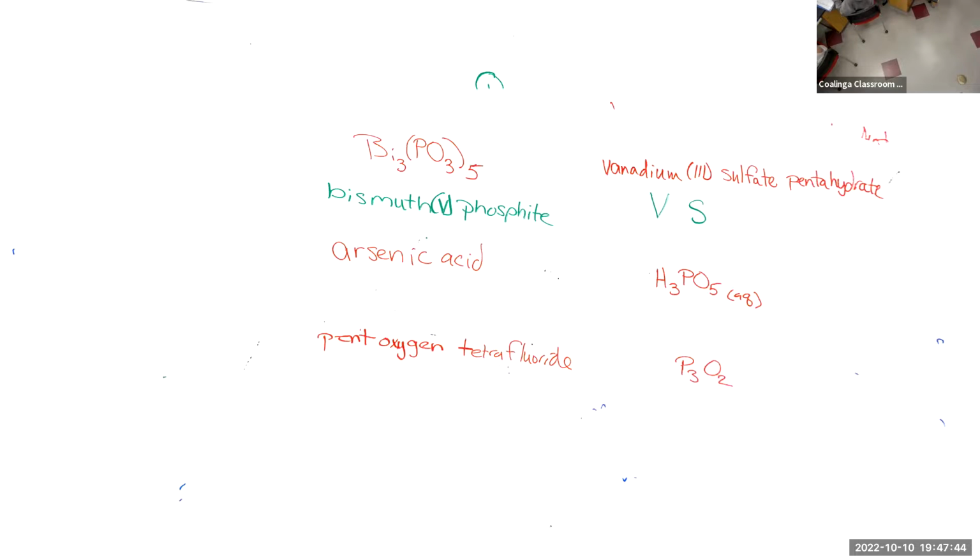After the B. I mean after the B. You want to correct it? Yeah, okay. I got V2 brackets SO4 bracket 3. Oh, and then with the 5H to it.